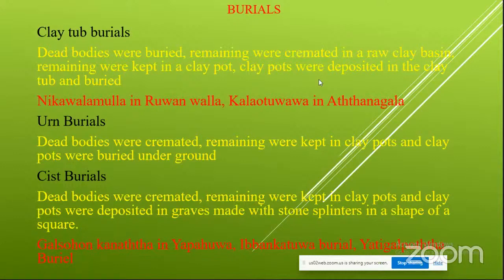They can't use it over and over again, because it may be cracked. When it is cracked, all the clay pots belonging to 5 or 6 people are kept inside the clay tub, and the entire clay tub is buried underground. These types of clay tub burials can be seen from Nikavalamulli in Ruwanvela and Kalautuav in Attanagala.